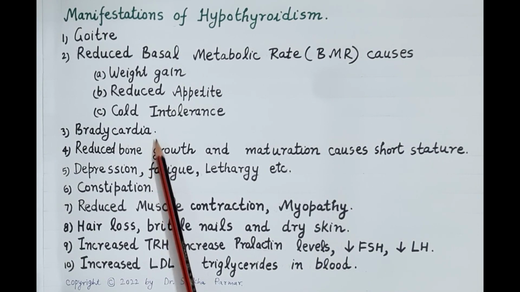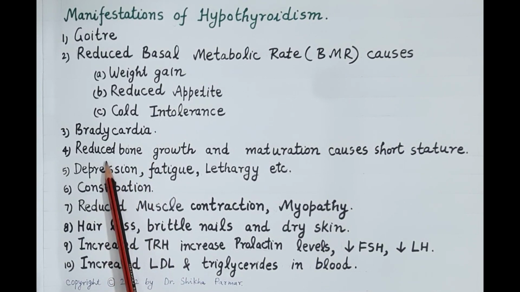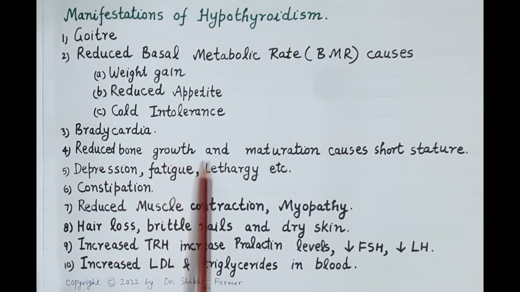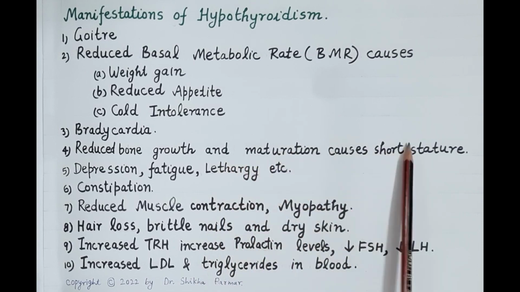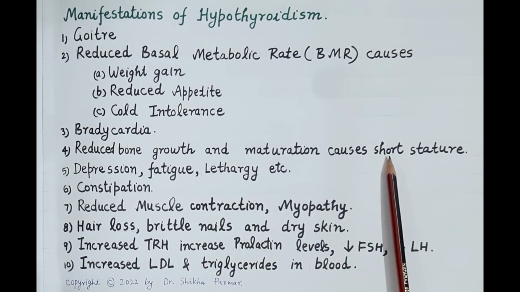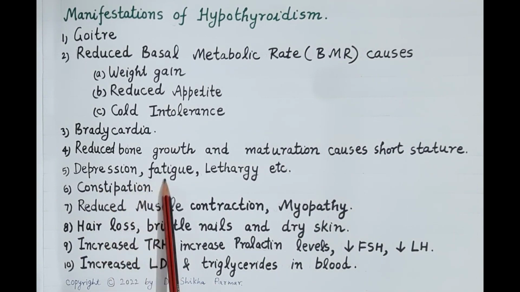So hypothyroidism causes reduced bone growth and maturation, and this causes short stature or reduced height in the children. Now in addition to this, depression, fatigue, lethargy, that is tiredness, are also common in patients of hypothyroidism.